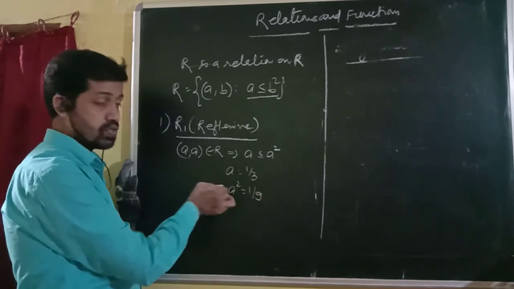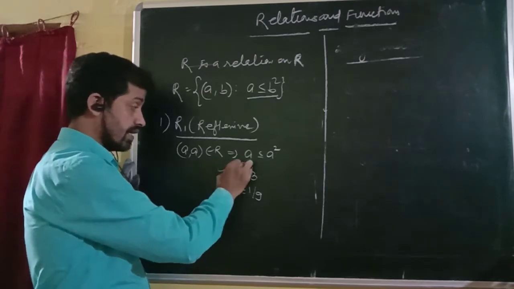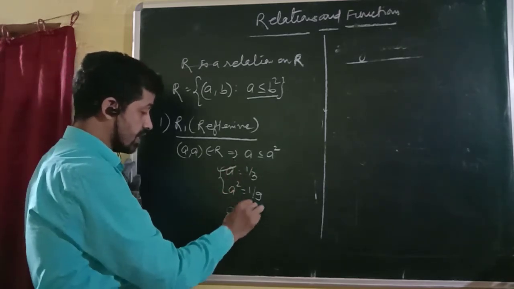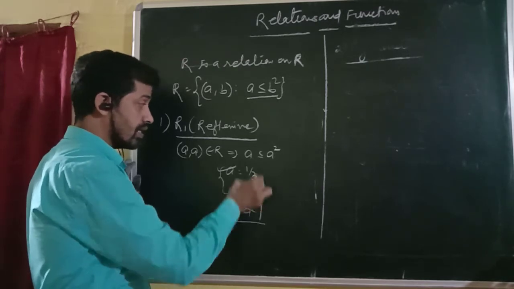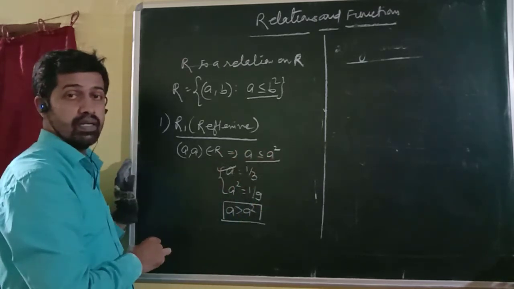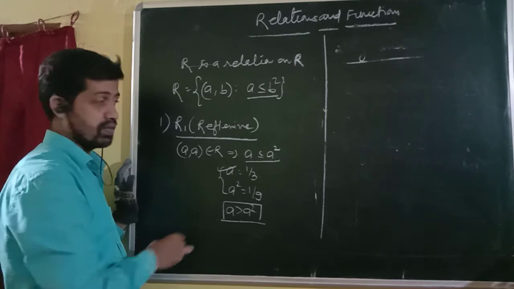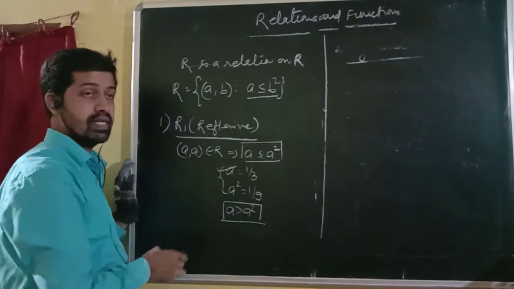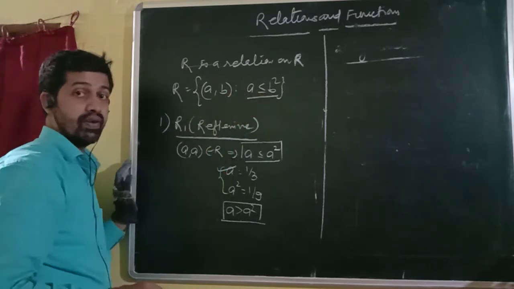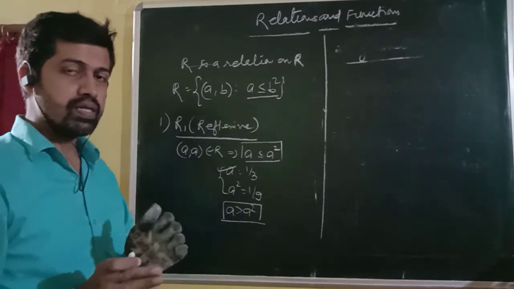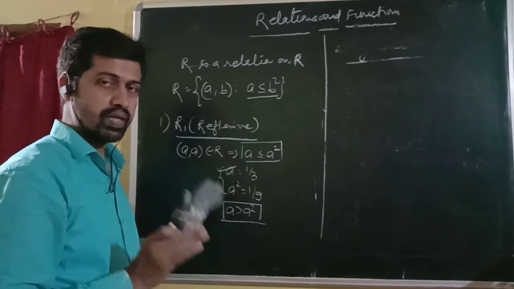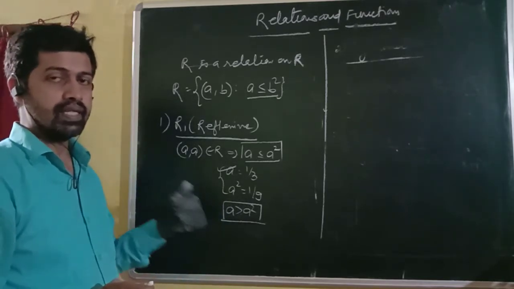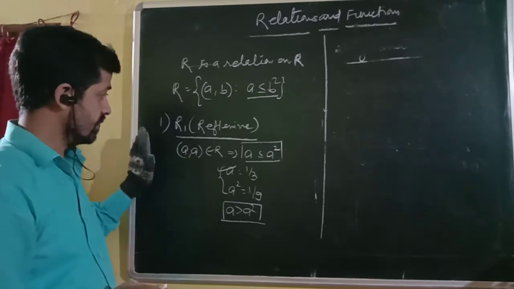Now, out of these two, which one is greater? Obviously A. So here we conclude that A is greater than A square. We are not getting this expression, so it means that this relation is not reflexive. Simply supplying a suitable counter example will suffice to prove that the relation is not reflexive.